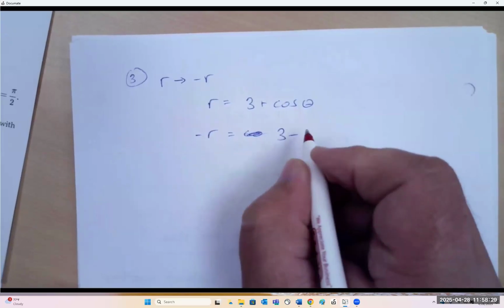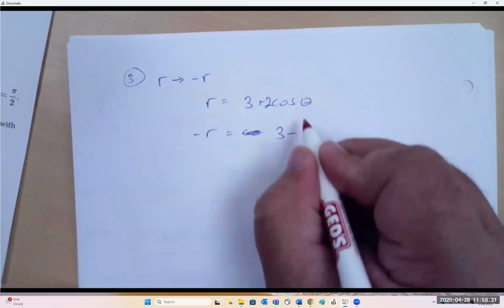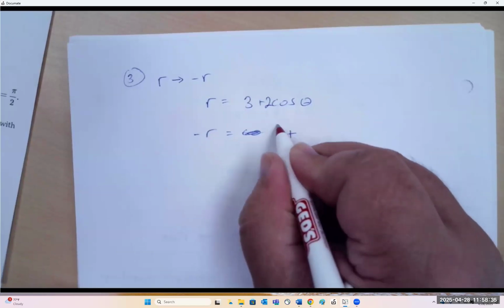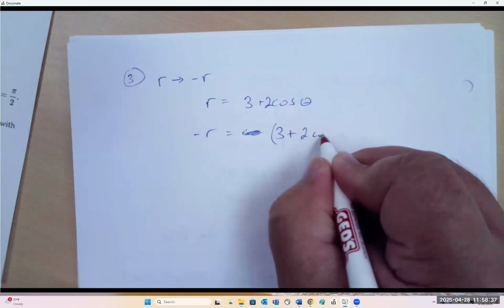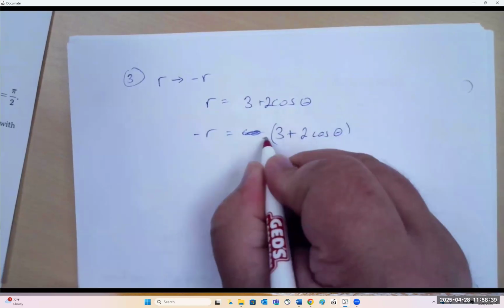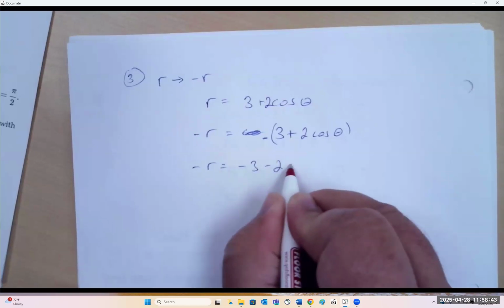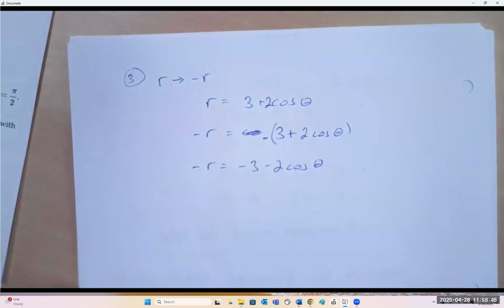So it changes sign. So I have negative r equals -3 minus 2 cosine theta.